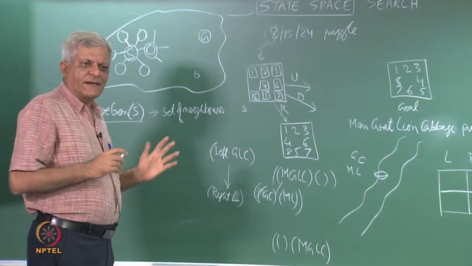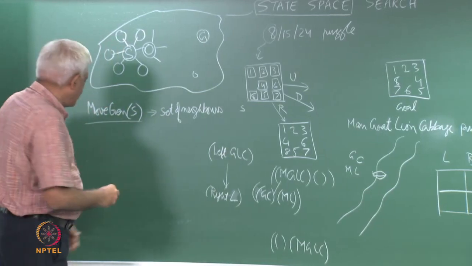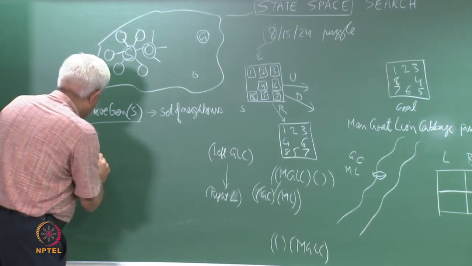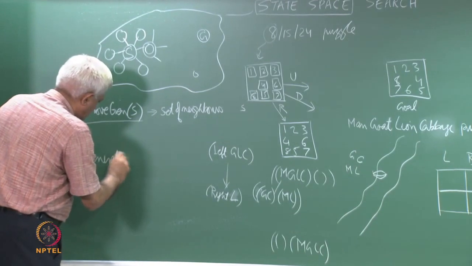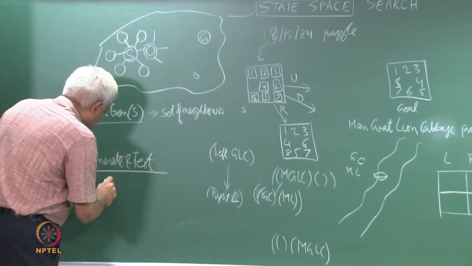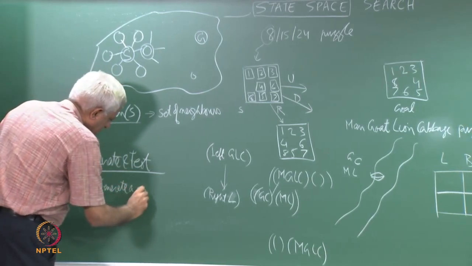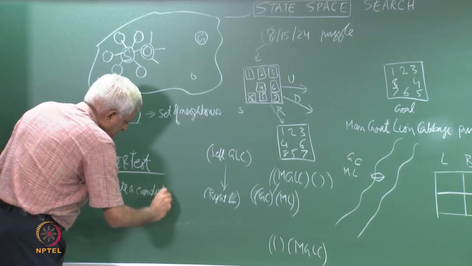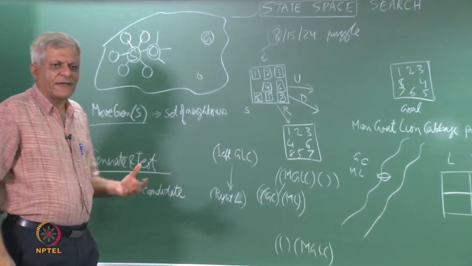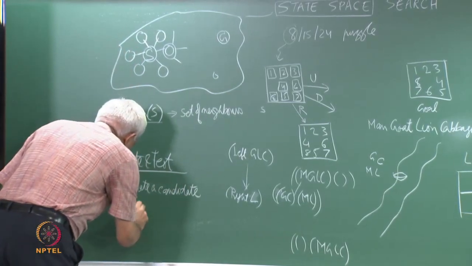So, this general strategy that we are going to follow has a generic name which is called generate and test. It says generate a candidate, and when you say candidate we mean a candidate state, and test whether it is a solution.